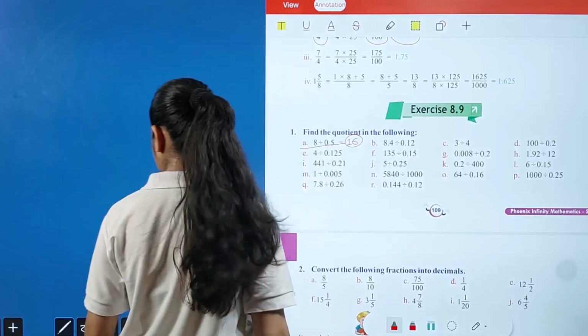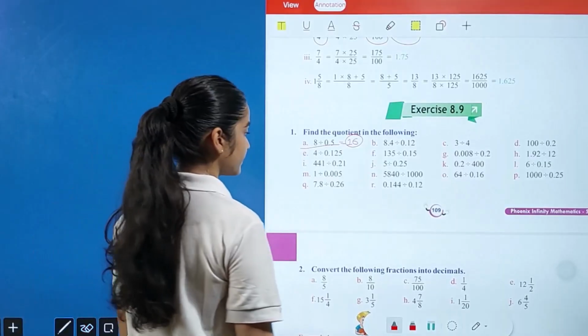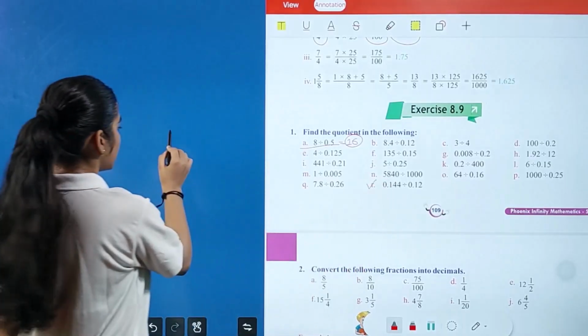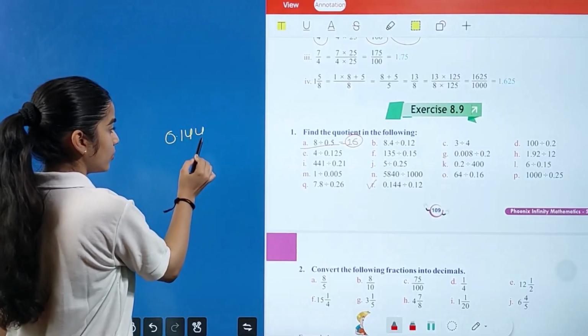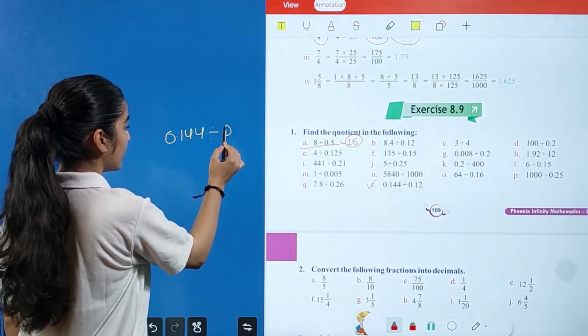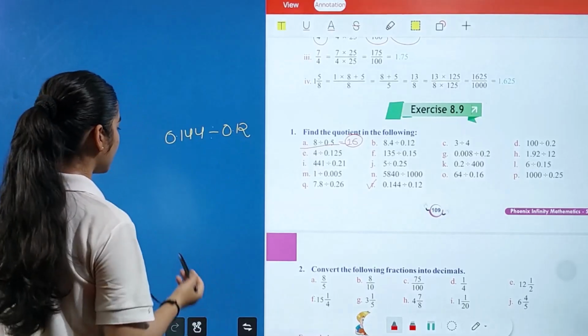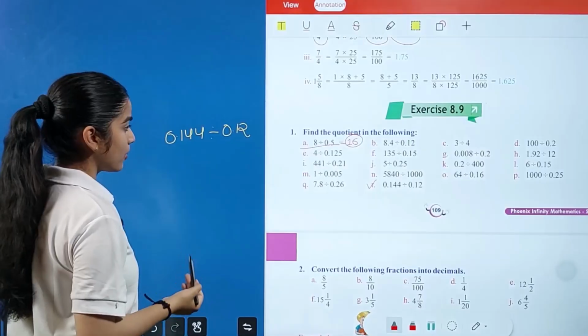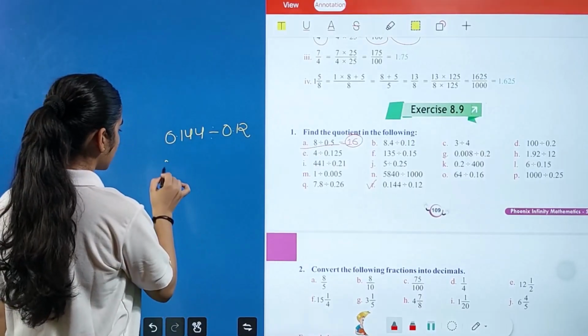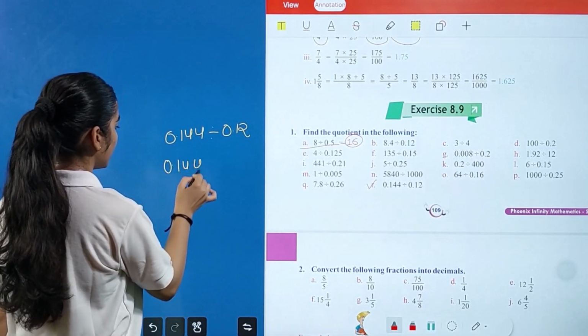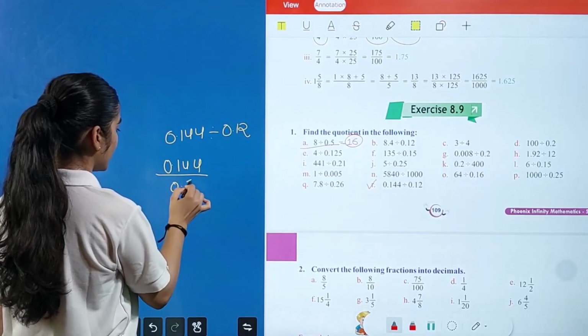Okay, next let's take one more question. This one: 0.144 divided by 0.12. In this section, if we have two decimal numbers, we can write dividend upon divisor, right? So 0.144 upon 0.12.